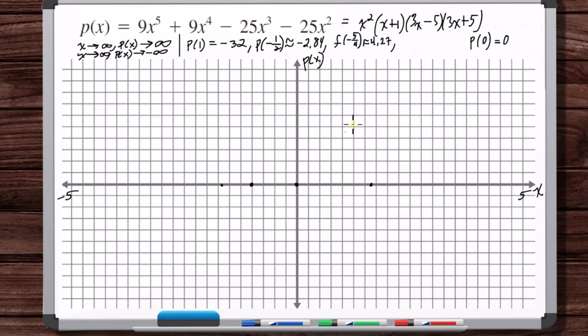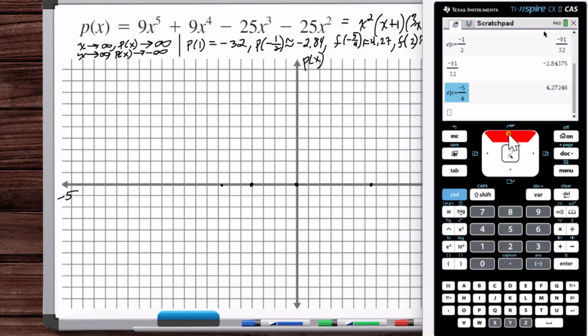Now let's do points away from the endpoints. So f of 2 is 132.